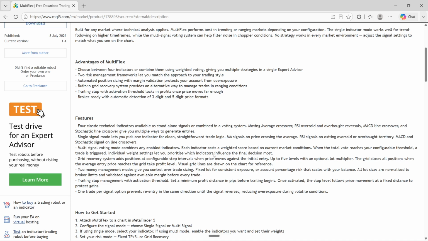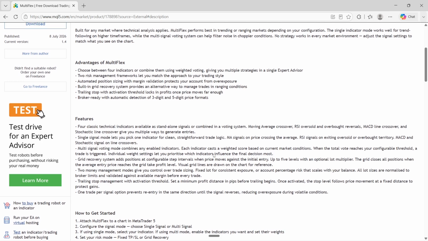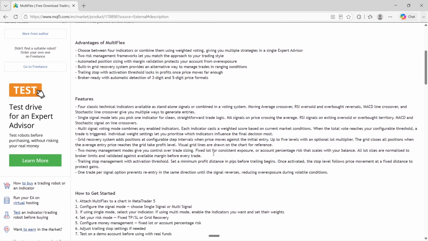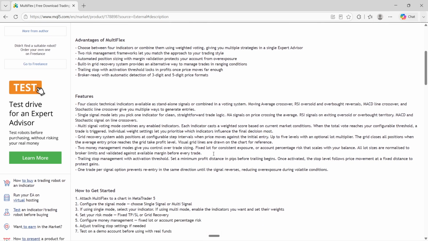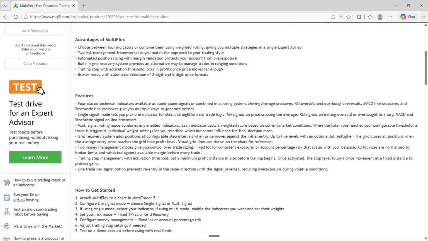In practice, start with single signal mode and fixed TP/SL. Keep risks low, disable the grid until you fully understand its behavior, and demo test extensively, as past results never guarantee future performance. So who is the EA for and who should avoid it?